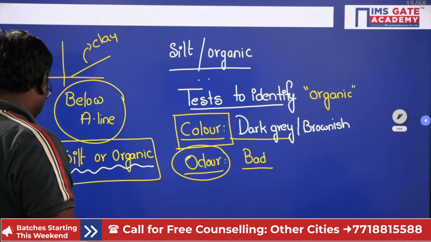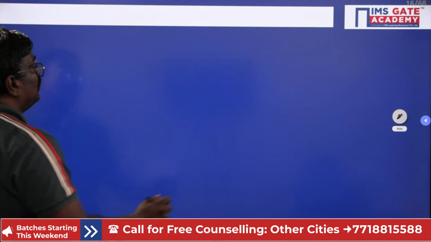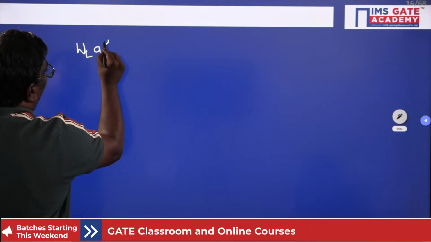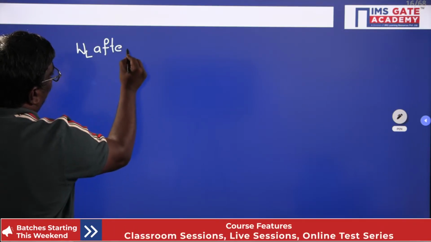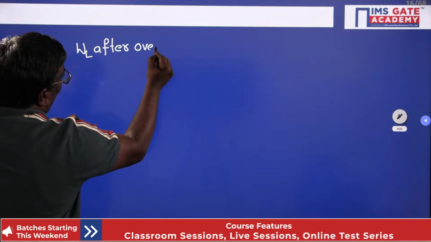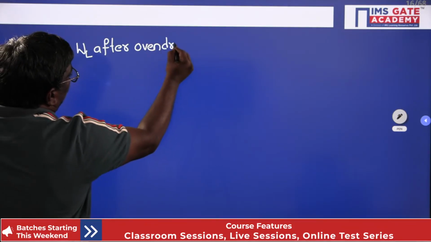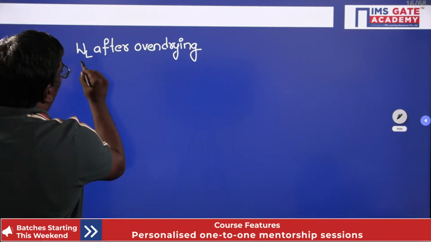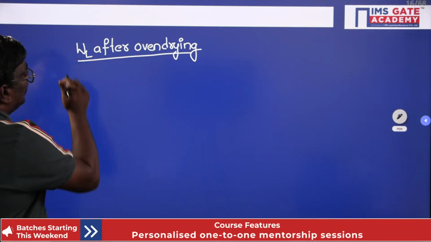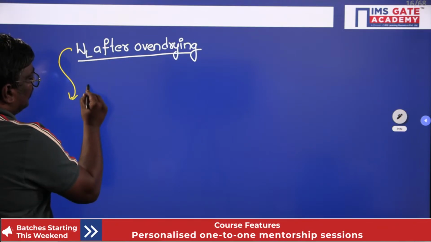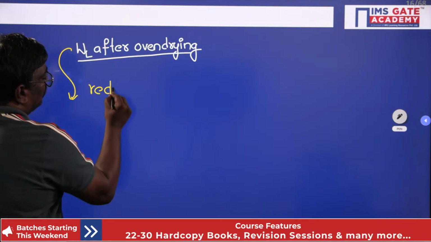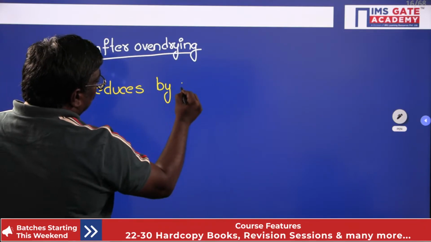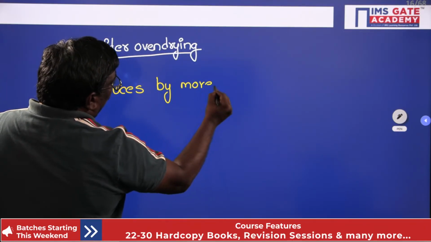But there is a practical important point. You talk about liquid limit after oven drying. Sir, we have an important thing. If the liquid limit after oven drying reduces by more than 25%, this is a practical observation.